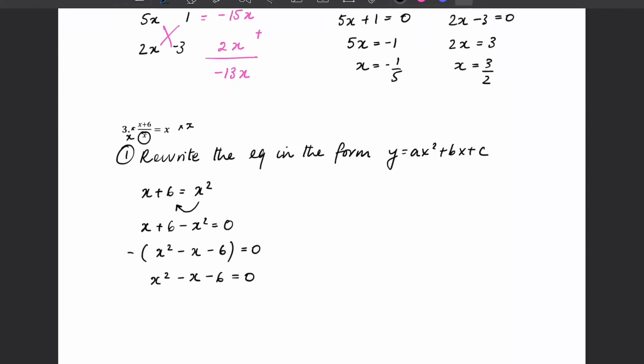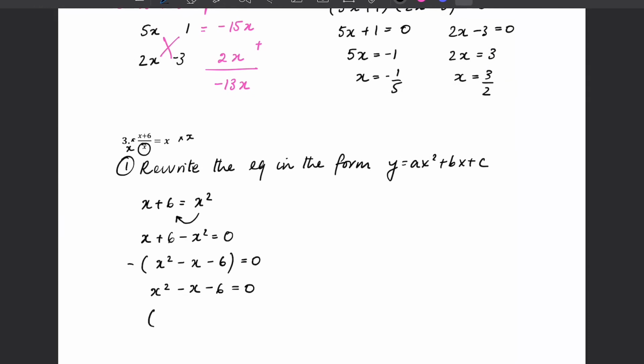And now I can factorize this trinomial. So I'm going to have (x minus 3) and (x plus 2) as my factors. So now applying null factor law here, x minus 3 equals 0, so x could equal 3, or x plus 2 equals 0, so therefore making x equal to negative 2.